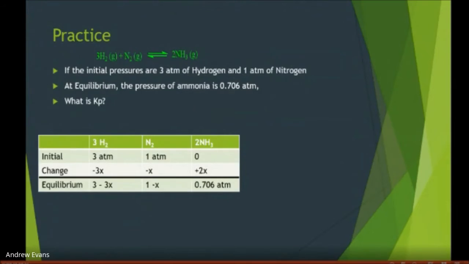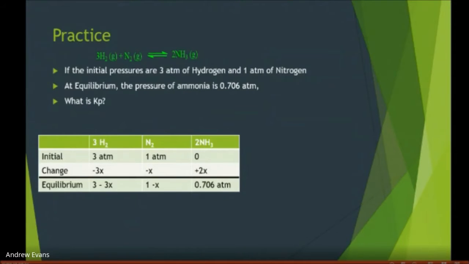So looking at our ammonia reaction, write our equation down: 3H2 plus N2 gives 2NH3. Hopefully this is old hat at this point. I'll write our ICE right there.